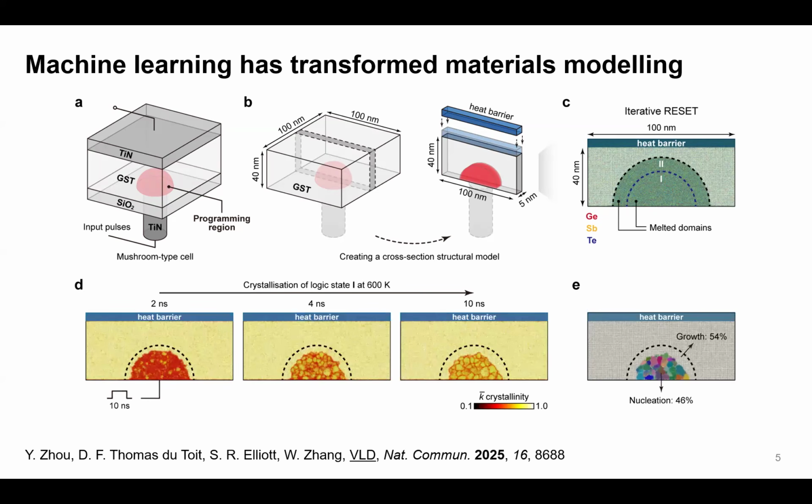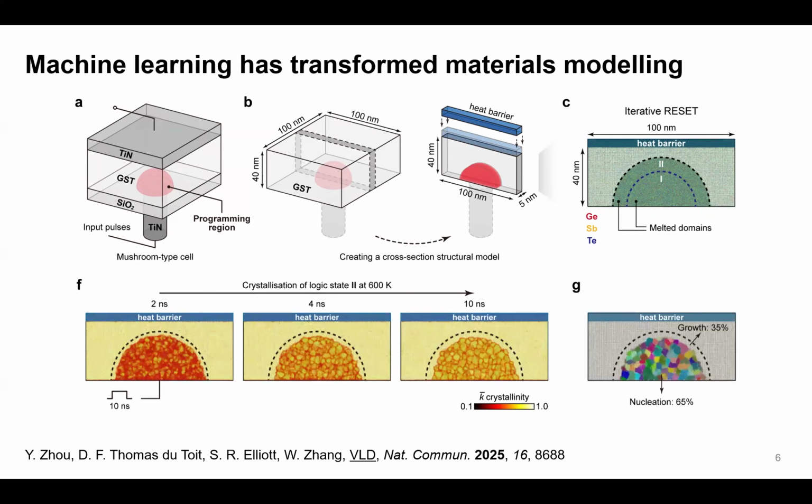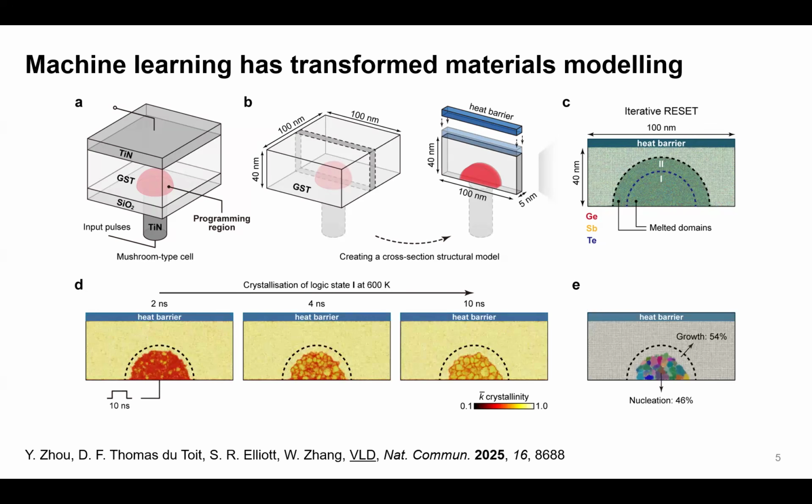You can now go, because these potentials are getting faster, you can not just describe the melting and the amorphization, but you can also look at the recrystallization. So you see the grain sort of appearing here in this cell, and you can test basically, for example, adding different amounts of heat gives you different types of what you could call logic states.